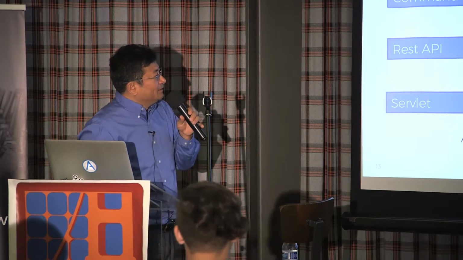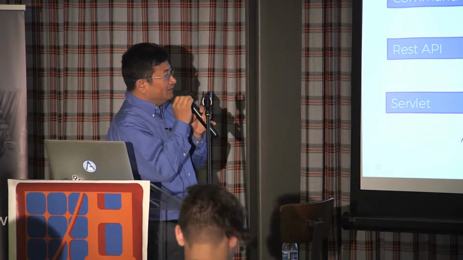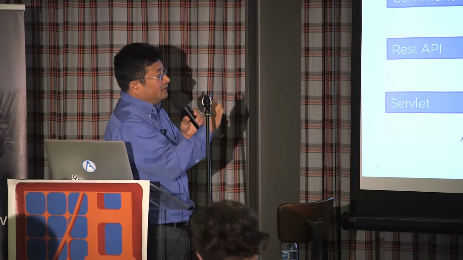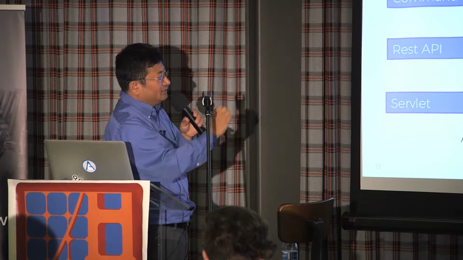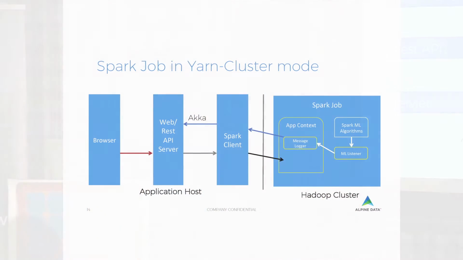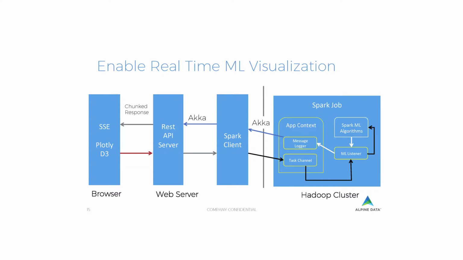We set up the communication channels and the loggers, and then the machine learning algorithms directly call the machine learning listener interface and send a message over. The message is sent back to the application server through Akka messages, and eventually we use a chunked response to send it over.